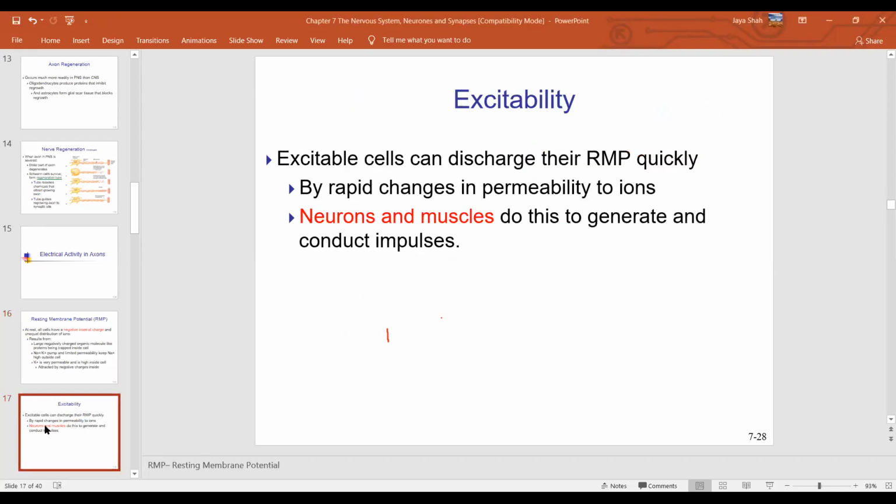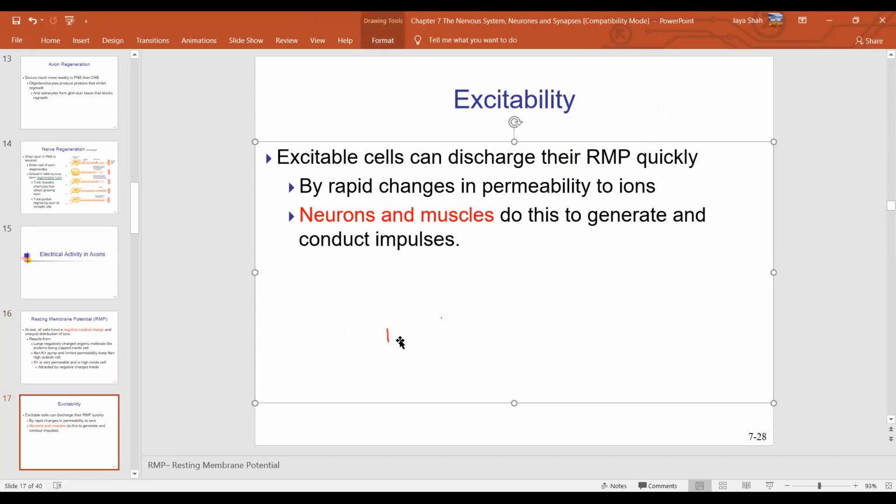Now, let me give you an analogy. If a society is very neutral, everybody is happy, nobody has biases against each other, they all think in the same pattern, then what happens? The society will be calm. There will be no uprising or very aggressive behavior towards each other.